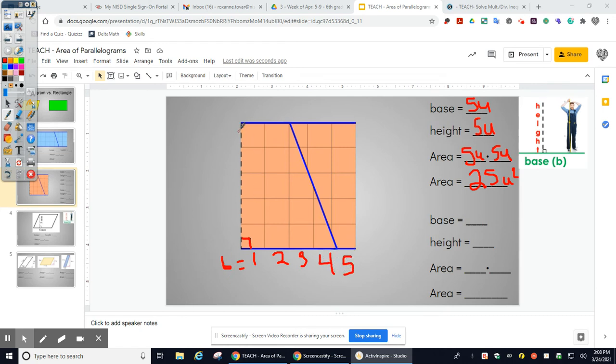And our height didn't change either. 1, 2, 3, 4, and 5. Notice I didn't lose any pieces. Everything is still there. So even though this started off as a parallelogram and turned into a rectangle, the base and the height both still stayed 5 units. So the area is still going to be calculated the same way. 5 units times 5 units is going to give us 25 units squared.